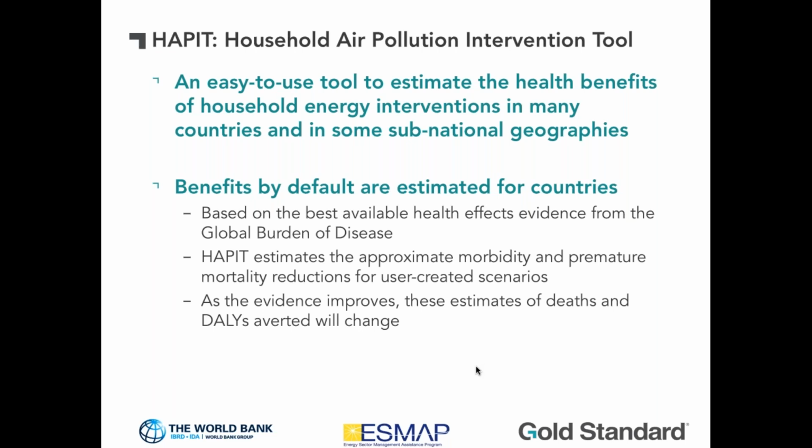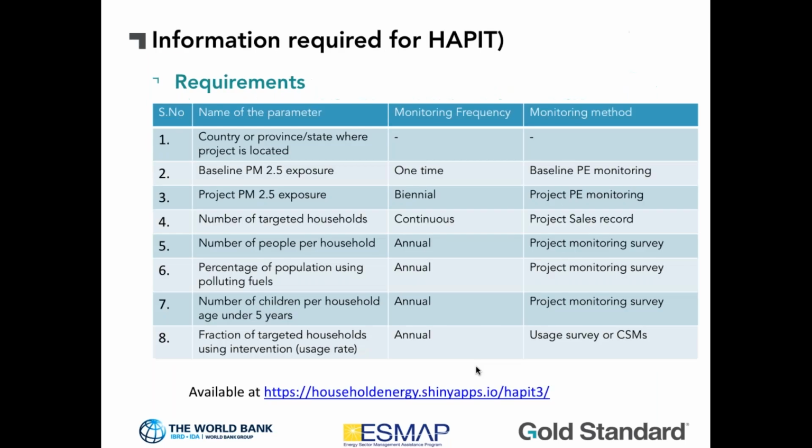The HAPIT estimates the morbidity and premature mortality reductions approximately for user created scenarios. And of course, as there is more publicly available evidence, as there are more studies done on the ground, and this information improves, the estimates of these deaths and DALYs averted will also change over time.